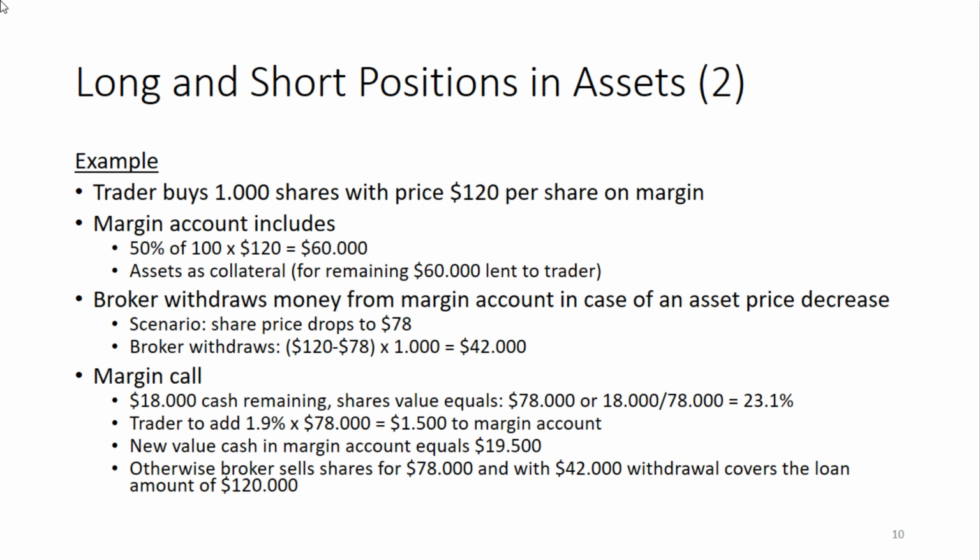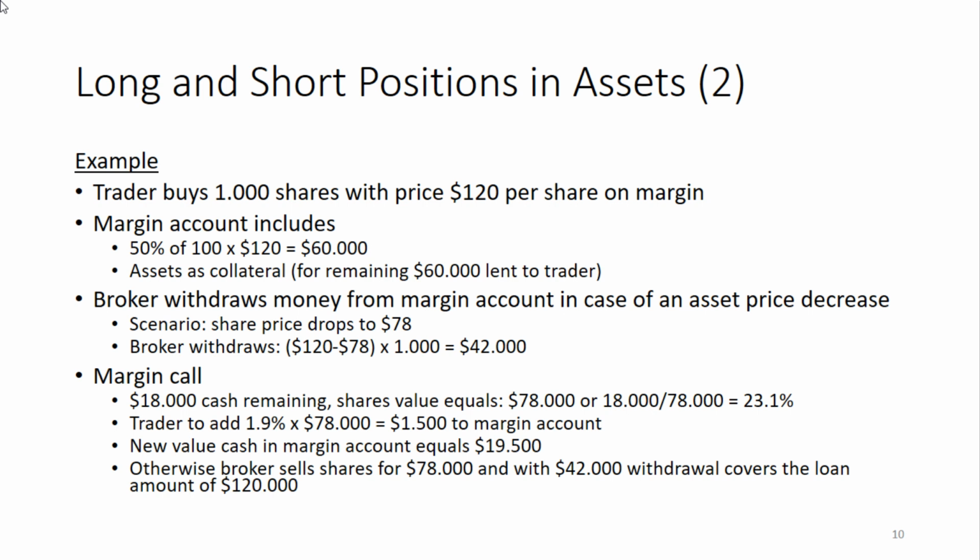Because this 23.1% is lower than the 25% that was required as a minimum cash amount in the margin account, there will be a margin call to bring the amount back to 25%. So the broker will tell the trader, please add 1.9% of the 78,000, which is $1,500, to the margin account.